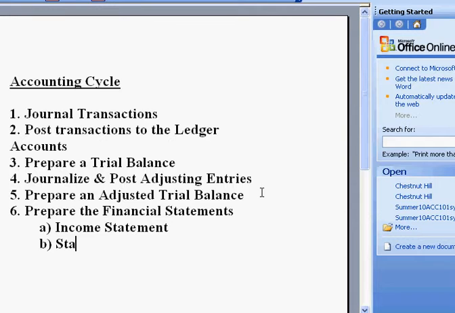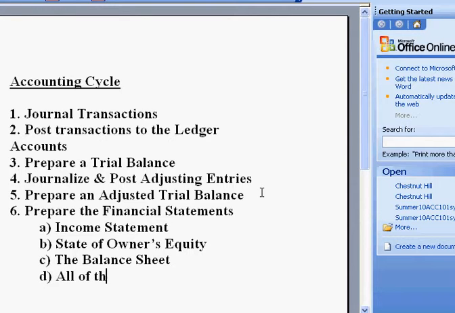B, the statement of owner's equity. C, the balance sheet. Okay, this isn't a multiple choice quiz because the correct answer would be D, all of the above.